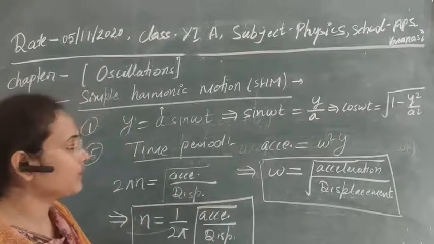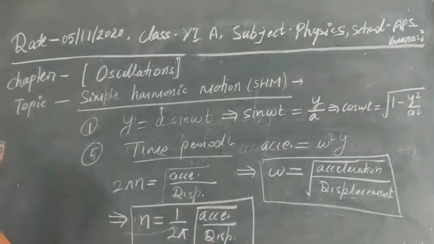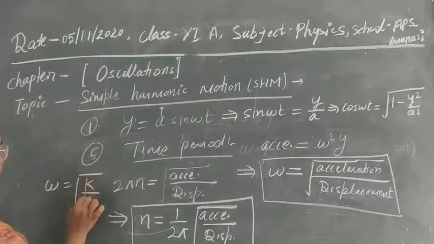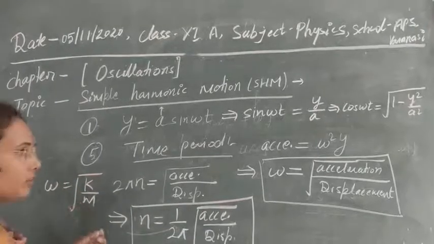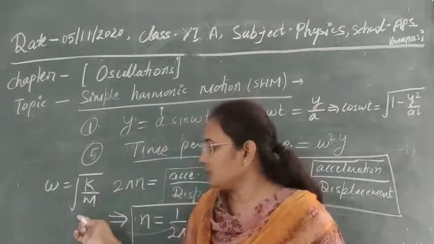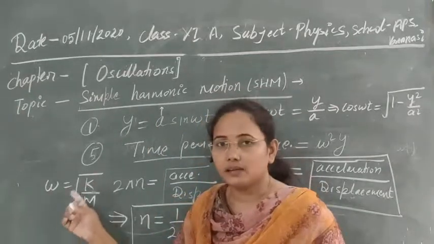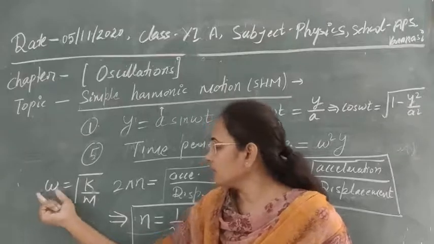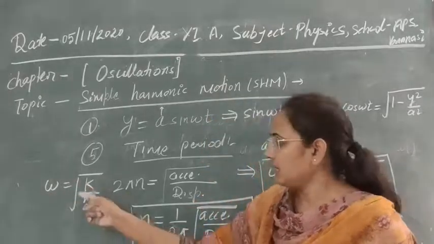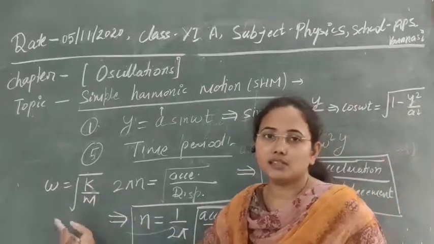Also we have obtained another equation for that, omega is equal to root k by m. If we know the force constant k, then we can calculate this value with the help of this equation, and if we know that, then we can calculate frequency. We only have to divide it by 2 pi, and with the help of it we can calculate the frequency of the oscillation.